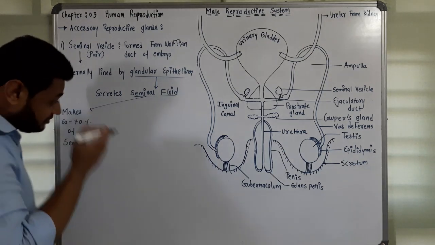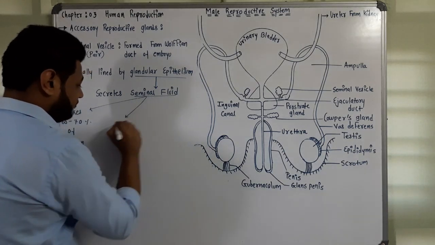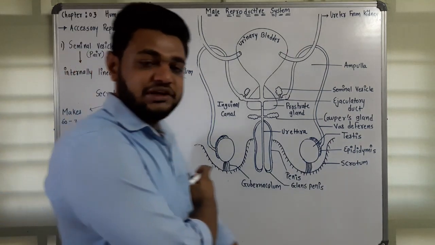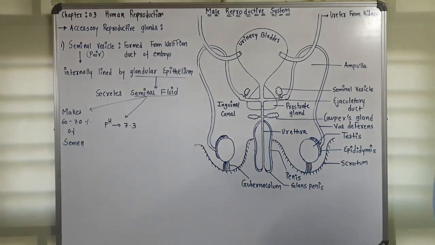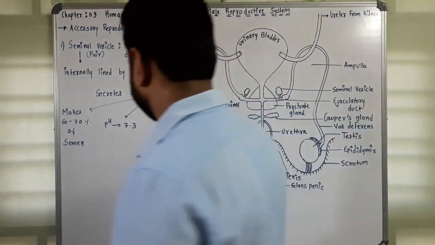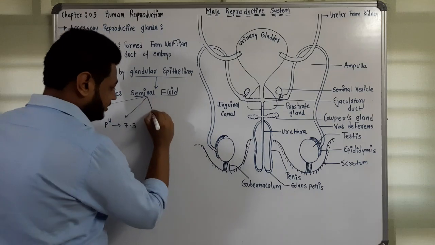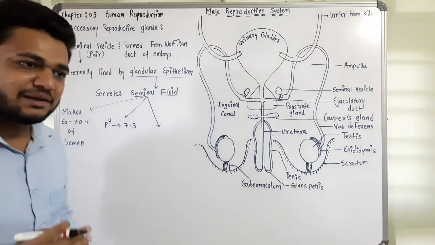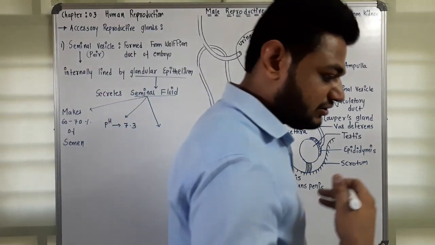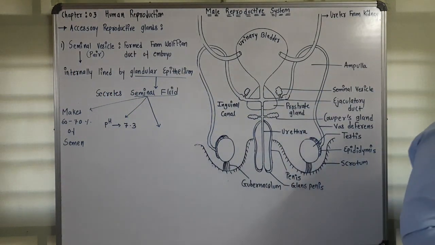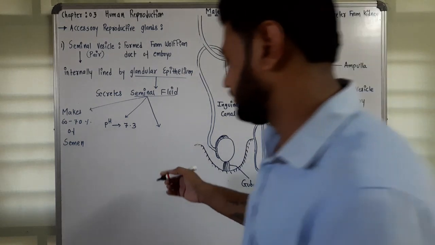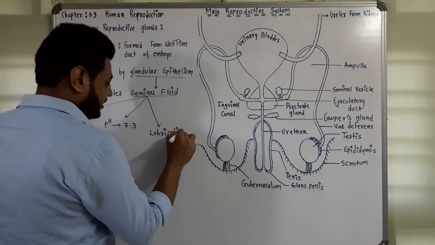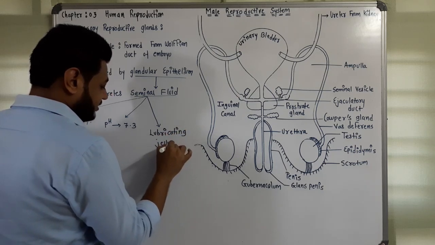Next big thing, the pH of seminal fluid is 7.3. And the third thing, what is its composition? Seminal fluid is a lubricating, transparent and jelly-like substance.